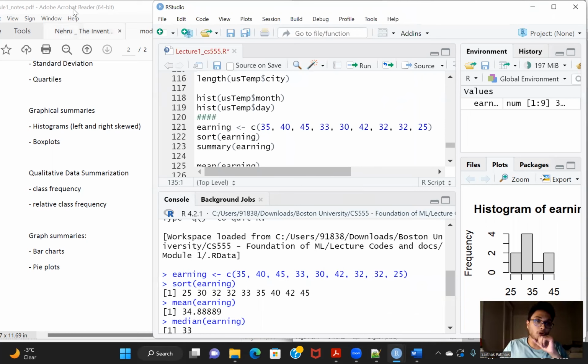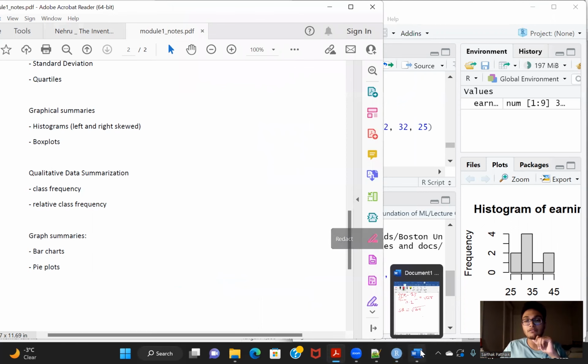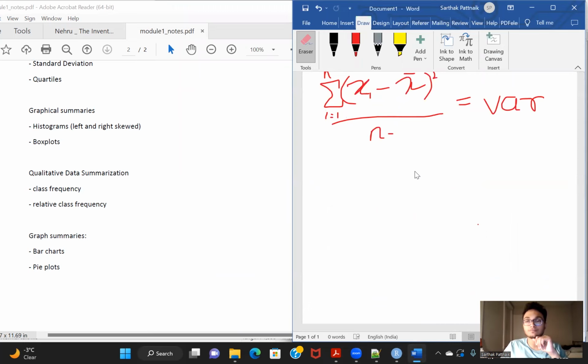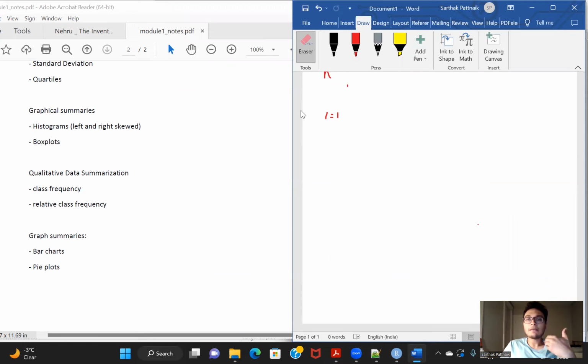Now, another important concept in a histogram is to understand skewness. Skewness is going to be extremely valuable at a later point of time in this course and also in all your future projects, because skewness determines a lot of fundamental qualities about the data.